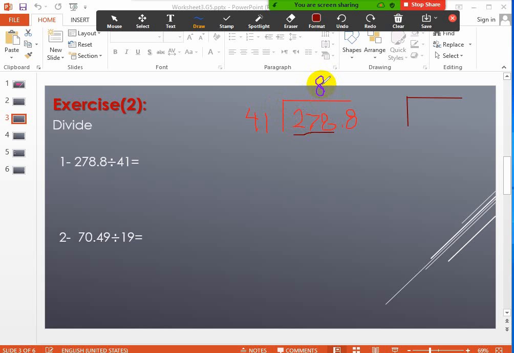You have to choose a number less than 8 because each 100 will take 241, right? So it will be less than 8. I think it will be 6 or 7. So let's try 6, please.